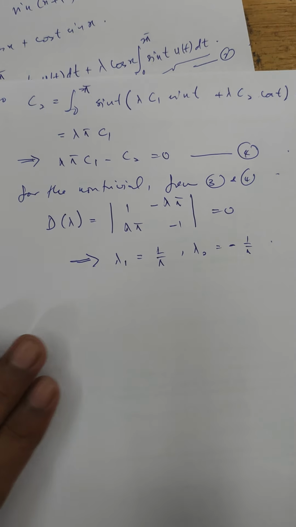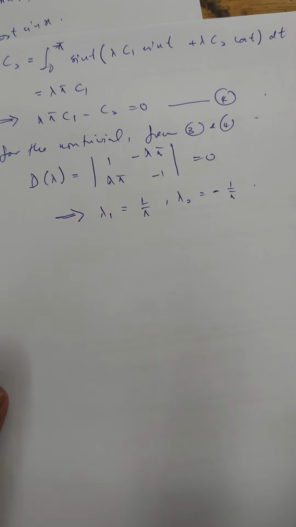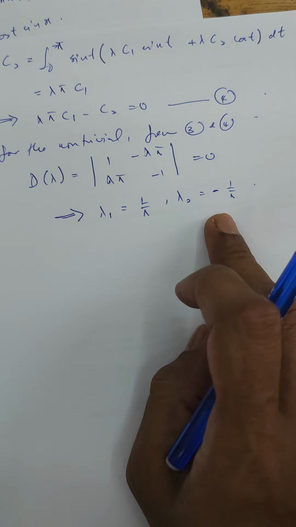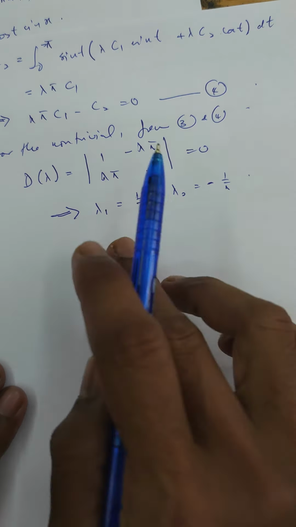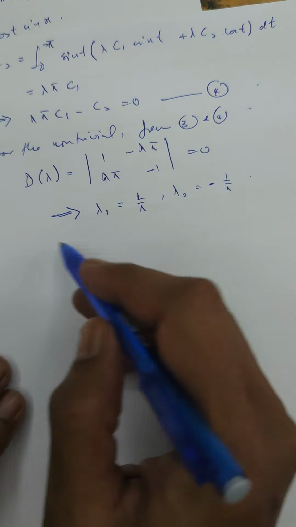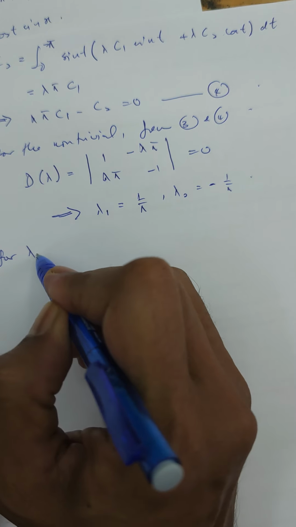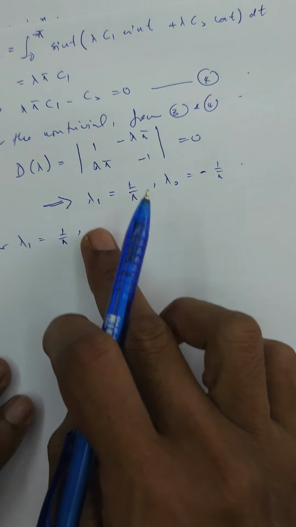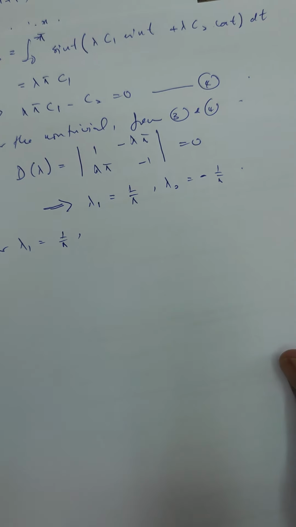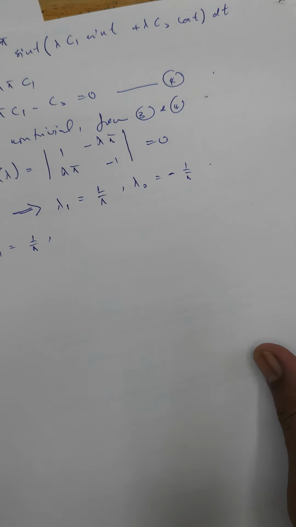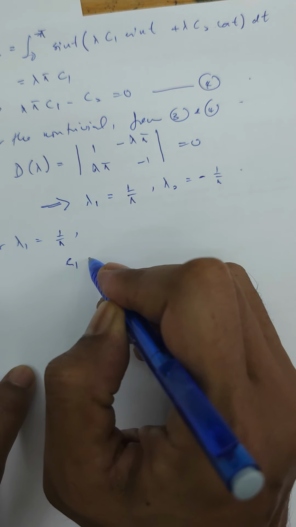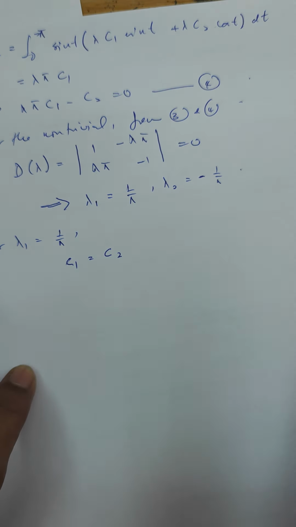Okay. Now we need to consider both this lambda 1 and lambda 2. For lambda 1 equal to 1 over pi, we have C1 is equal to C2.